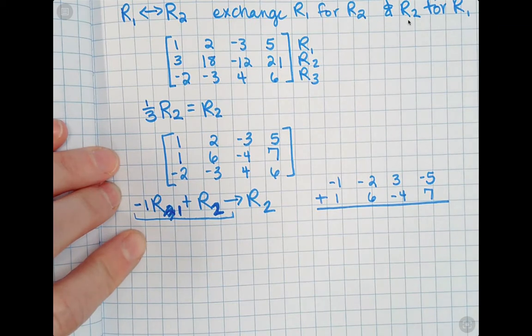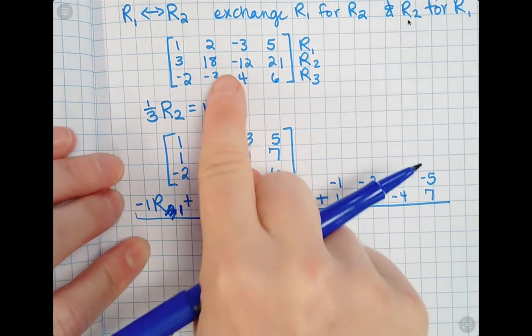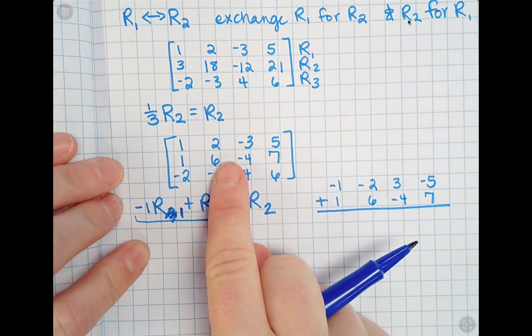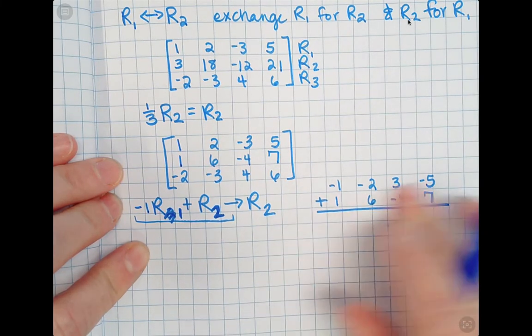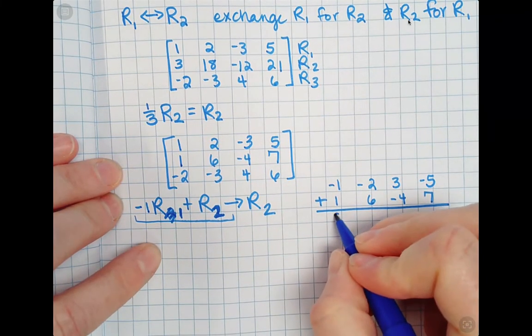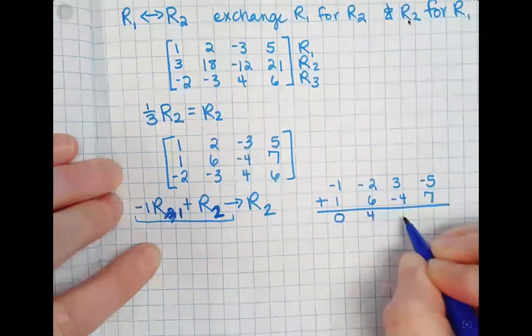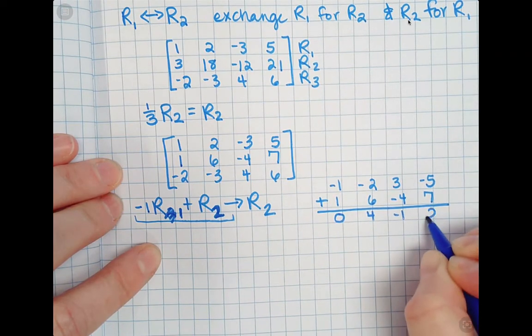I'm just adding those individual entries because these are all the same matrix. If we had a different dimension matrix, then we have to change things up when we add them. But here we're just adding the rows. So this would be 0, 4, negative 1, 2.